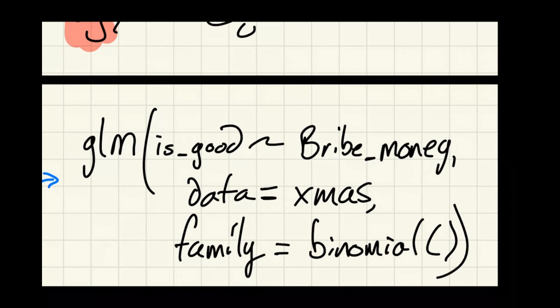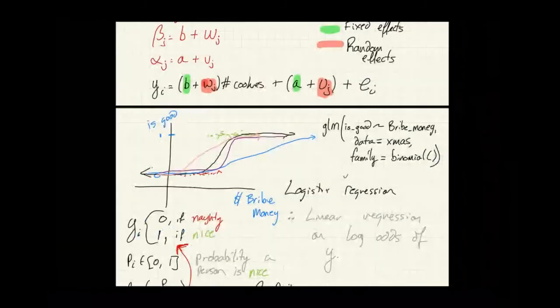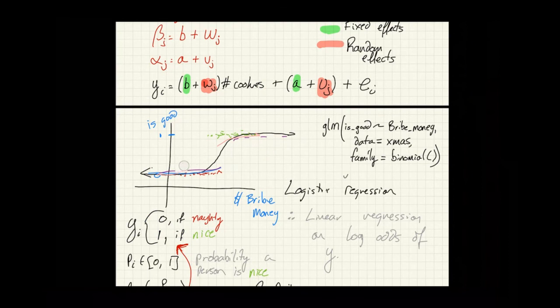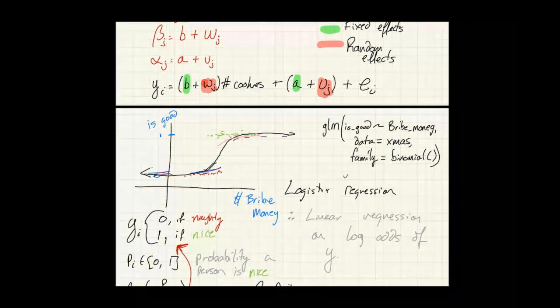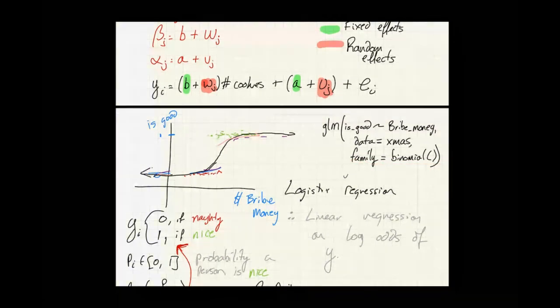And those are open and closed parentheses. Okay? So if I'm fitting this one single generalized linear model here, this is the term, or the equation.